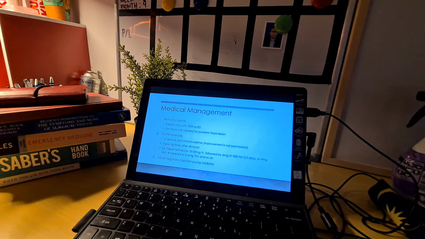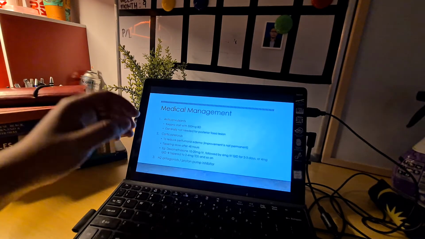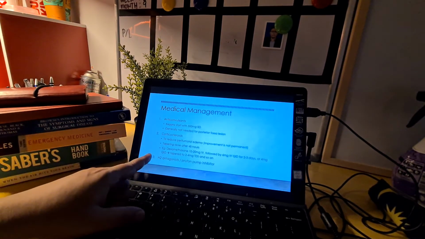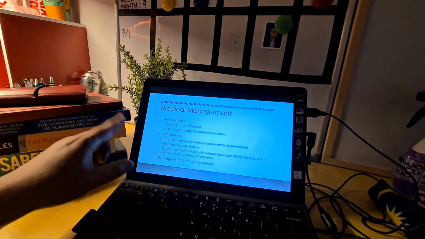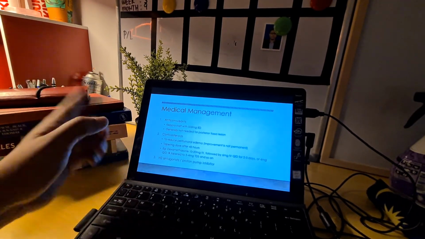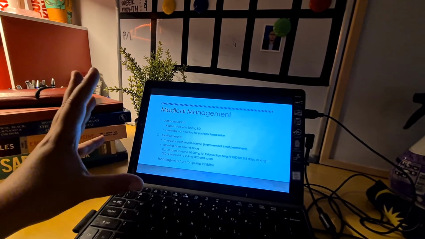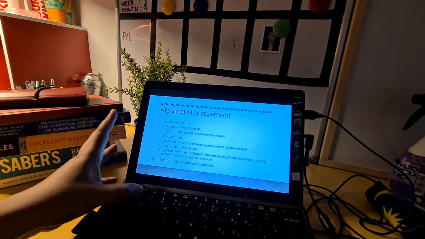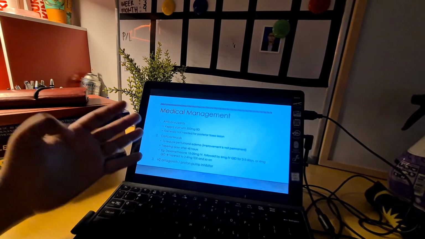Other than that, a corticosteroid is used to reduce the peritumoral edema, but usually it is not permanent, just temporary relief. The dose is tapered after 48 hours, like dexamethasone 10, followed by 6, then 4, then 2, and so on.